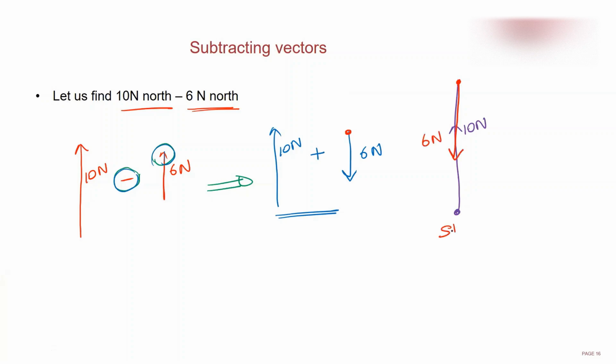I started here and now I'm ending here. Start to end gives me the resultant, which is this one. So we can say it is 4 newtons up, or 4 to north. So that is how we convert a vector subtraction to an addition question and solve vector subtractions.